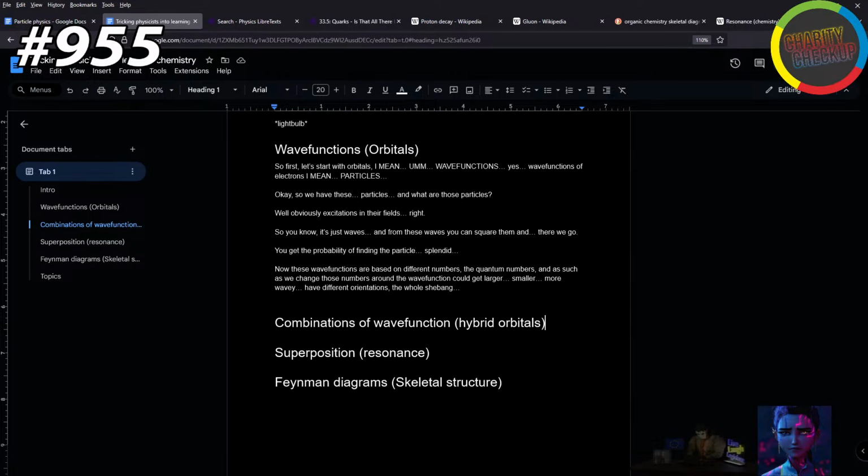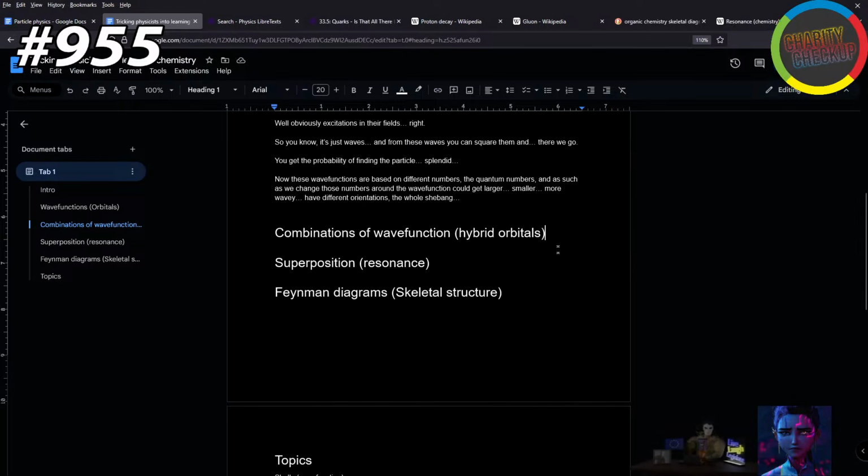Yes, it's either constructive interference, which gives you bonding, or destructive interference, which gives you anti-bonding. Constructive gives you a lower energy wave function, and destructive gives you higher energy. The lower energy means bonding, and the higher energy means anti-bonding.